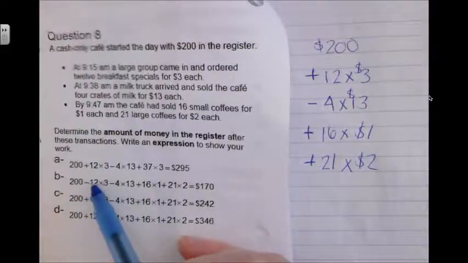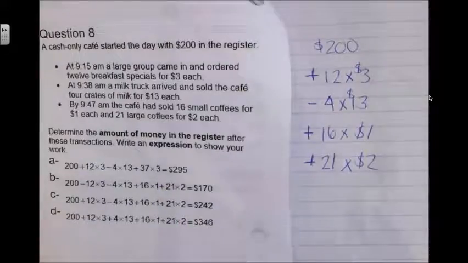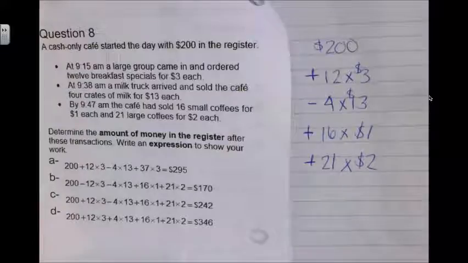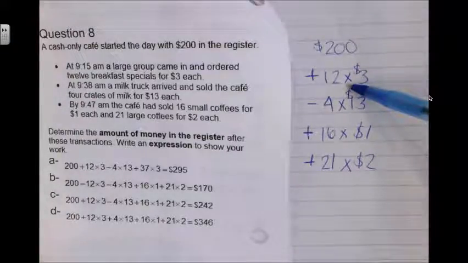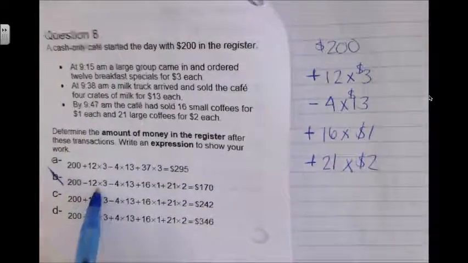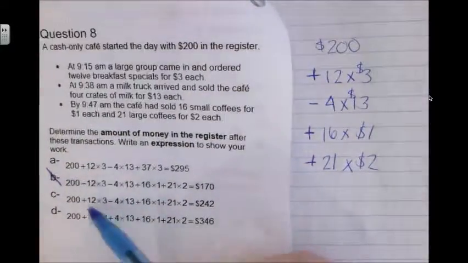So the first time I read the question, I was confused about it, and I thought that that was money that was being lost by the person who's buying. So I subtracted it the first time, but we're looking at how much money is in the cash register. So you're supposed to add the 12 times 3. So right away, I'm going to say B is wrong because it's subtracting 12 times 3, and we were adding 12 times 3. Okay, so the other ones all have adding the 12 times 3.